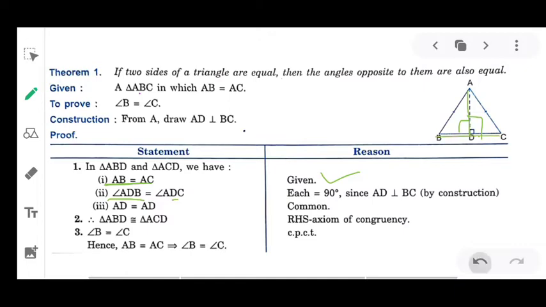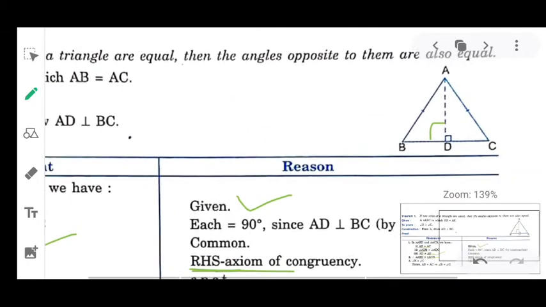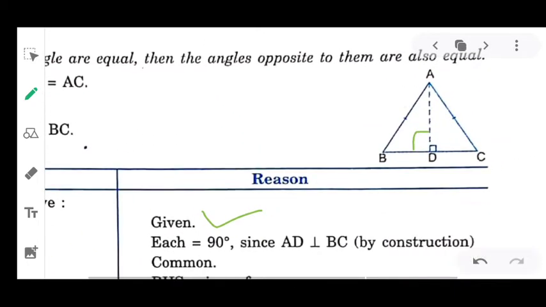Then AD equals AD because side AD is common. Clear? So triangle ABD is congruent to triangle ACD by the RHS axiom of congruence.